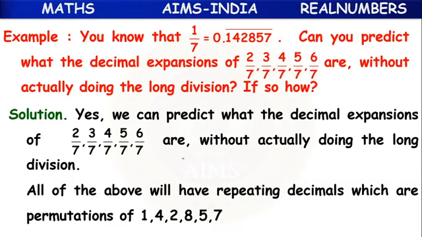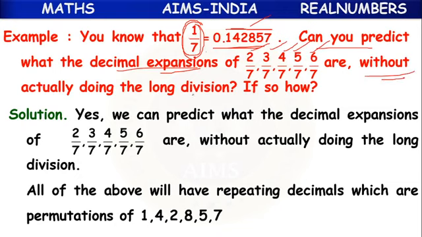So now, suppose if you get a question like this, 1 by 7, expressed as a decimal expansion 0.142857. This 142857 part is repeating. Now the question is, if you know the value of 1 by 7, can you predict the decimal expansions of their equivalent rational numbers, such as 2 by 7, 3 by 7, 4 by 7, 5 by 7, 6 by 7?